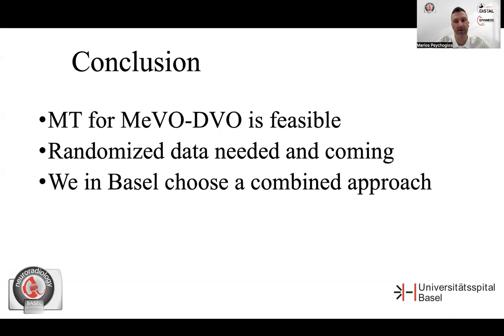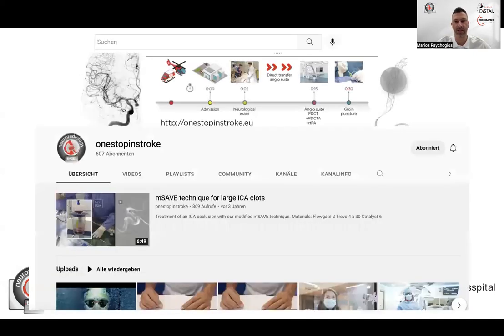I think there is, as always, the devil is in the detail, and it's important to see and understand those details, to not produce complications and help the patients with a first pass effect. And that's why we in Basel choose a combined approach, and we use stent retrievers and aspiration catheters combined for the treatment even of MeVOs and DVOs, as we used to do in the past for LVOs with a safe technique.